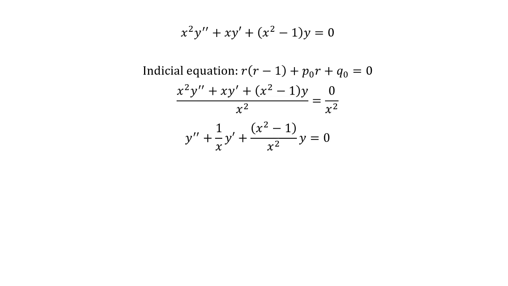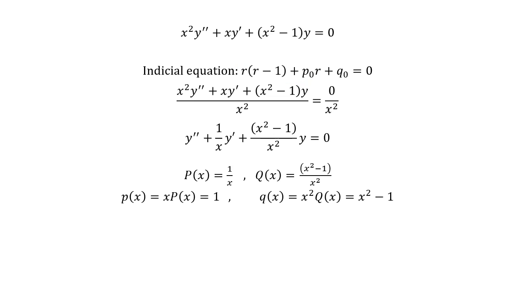Okay, so let me show you how you can get the indicial equation and solve it. The formula for the indicial equation is this, and I'm going to show you the definitions of P0 and Q0. First, you divide both sides by x squared so that it looks like a standard form. Standard form means that y double prime has only 1 as its coefficient.